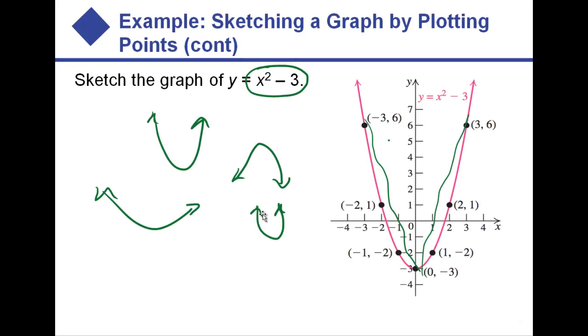So up here on this picture, we have x-intercepts at about negative 1.8 and positive 1.8, and then our y-intercept is down here at negative 3. Right? So when we're talking about where it crosses the x-axis, we give that answer in terms of x, and when we talk about where it crosses the y-axis, we give that answer in terms of y.